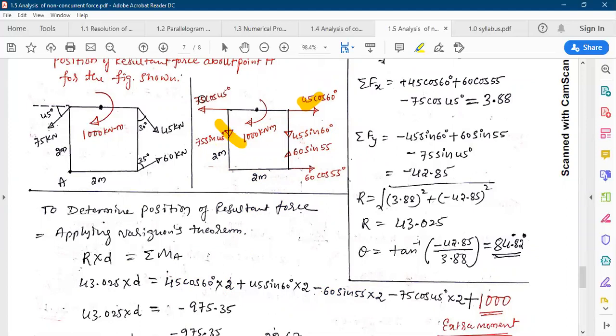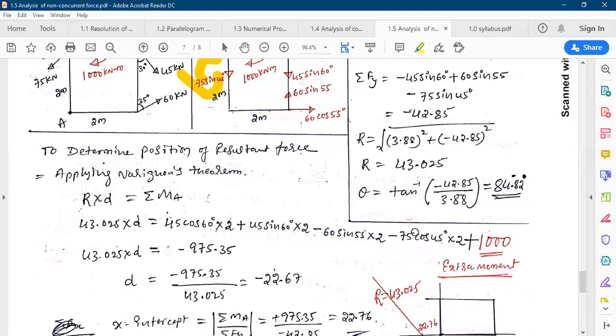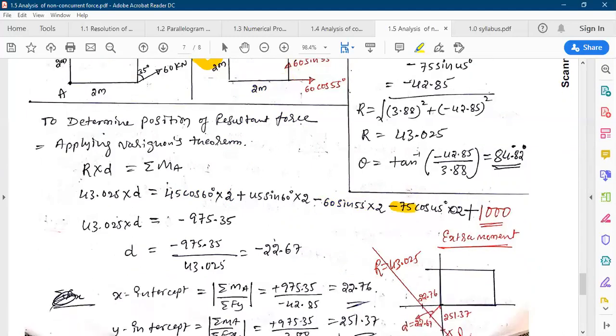Remaining is this force. Consider its line of action; 2 meters is the perpendicular distance. This force will create anti-clockwise moment, so minus 75 cos 45 multiplied by 2, minus because of anti-clockwise moment.